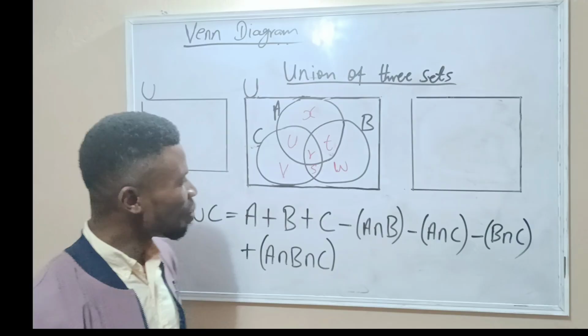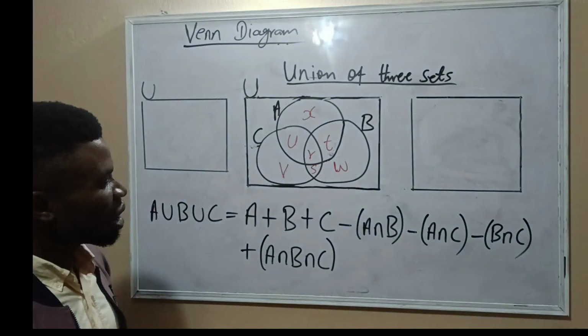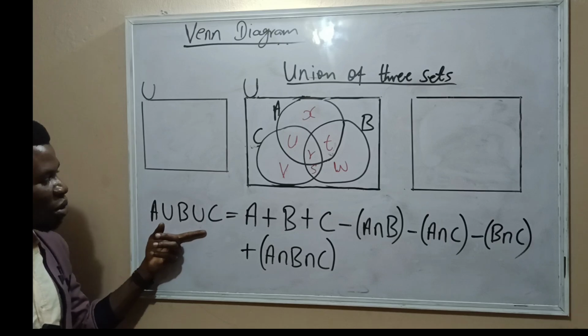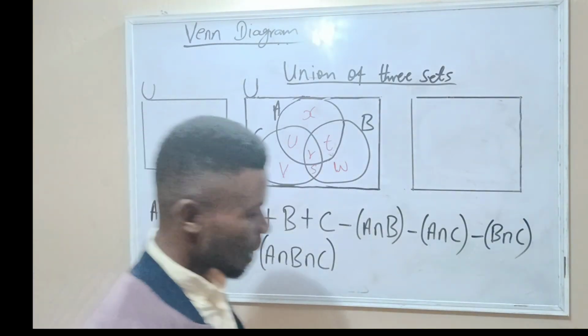Now, if it is the number of elements in those sets, the number of elements in A, B, and C, we just put n in each of these. Okay, let me put it here.